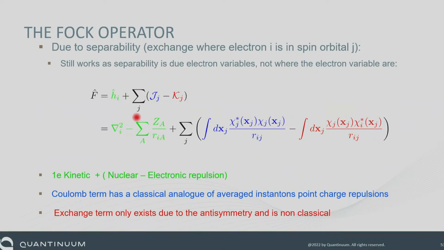And then we have the mean field potential term, which is our approach in this picture to have electron-electron interactions, which has this Coulomb term, and then this exchange term where we've flipped over, where we've exchanged.